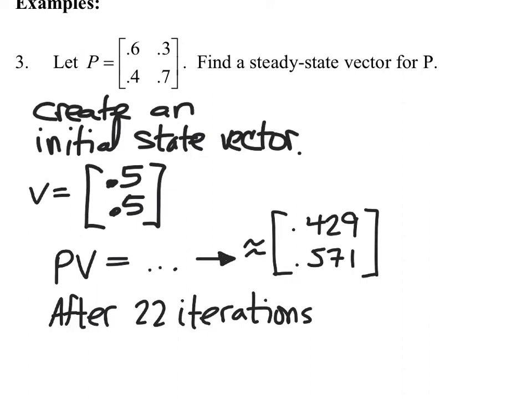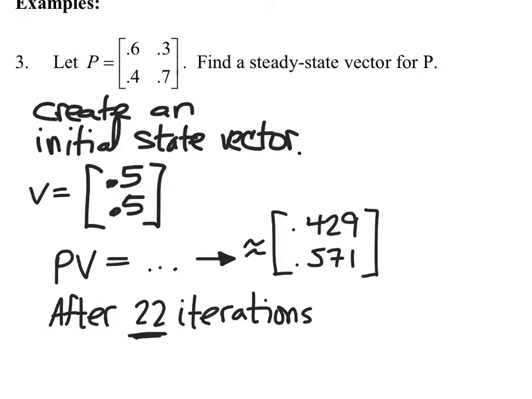You might come up with a different number of iterations. When I make the answer key for the test, I make it off of the graphing calculator, not this app, so it'll be consistent. Generally what I do is take your initial state vector, put it in my calculator, and just keep hitting enter until I get the steady state vector. If the number of iterations you came up with is the same as the number I come up with, then full credit.